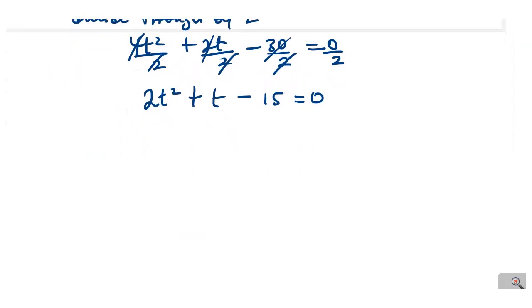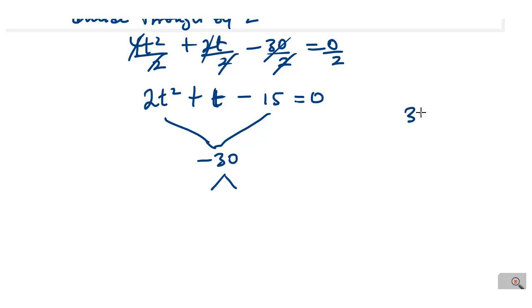So the only way we can do this is to decompose this. I'm assuming that this particular equation can be solved by factorization. So 2 times minus 15 is minus 30. We are looking for two factors such that when we add them together it will give us plus 1, because the coefficient of t here is 1, and when we multiply the two together it will give us minus 30.